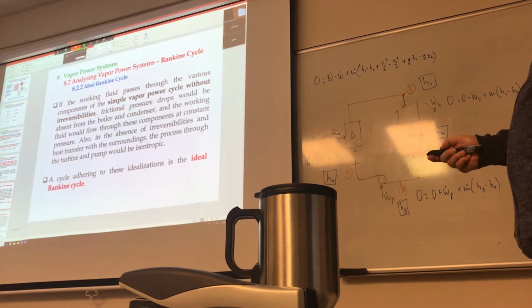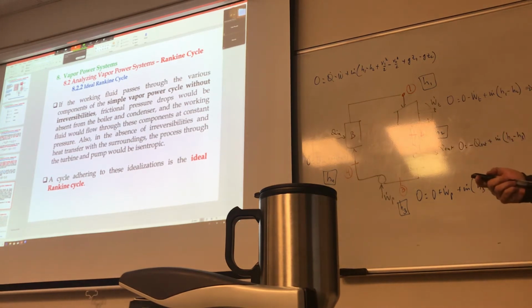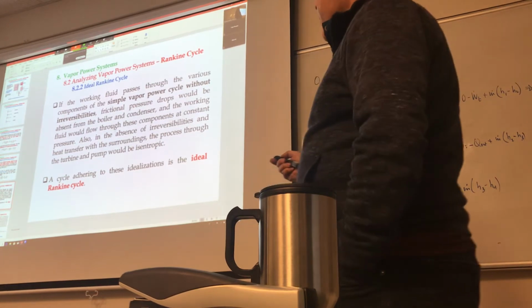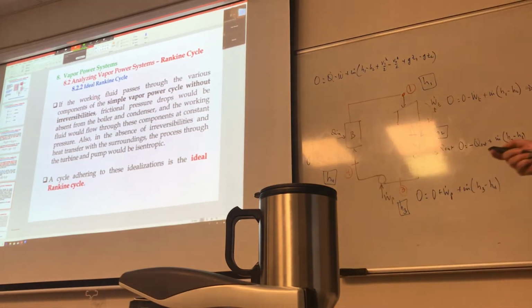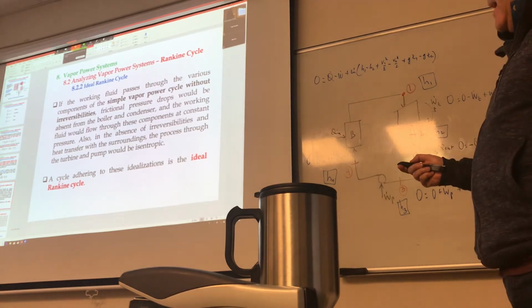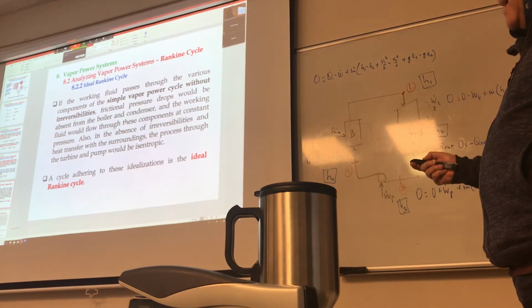Now, usually when we deal with an incompressible fluid, that value is fairly low. Now we'll talk about the ideal Rankine cycle. If the fluid passes through the various components of the simple vapor power cycle without irreversibility, frictional pressure drop would be absent from the boiler and condenser, and the working fluid would flow through these components at constant pressure.